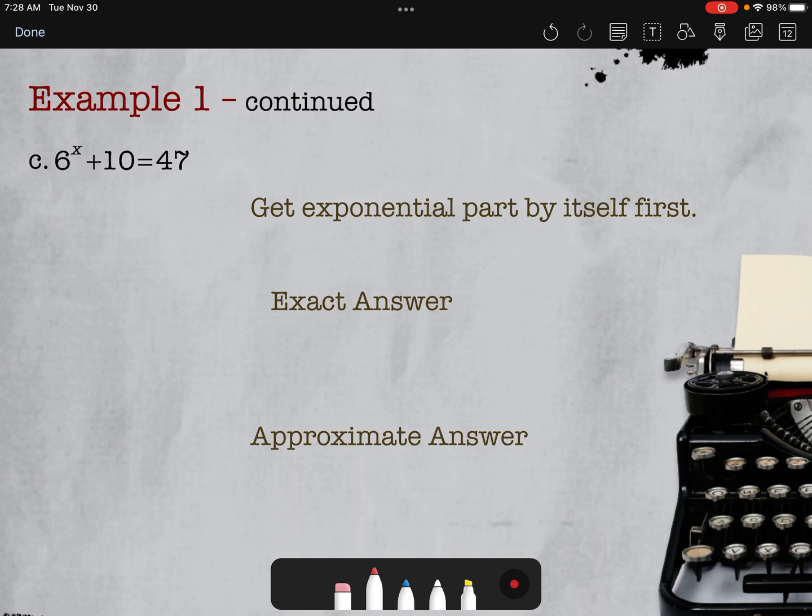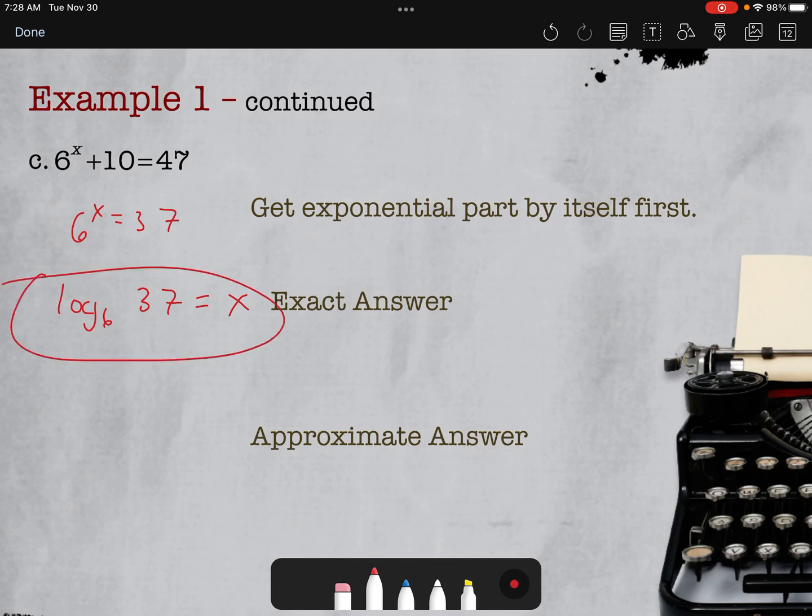Letter C. Same idea. Subtract 10. Now, here again, the x is in the exponent. So if I take log base 6 of 37 equals x, there's my exact answer. Log base 6 of 37. Now we want to find the approximate answer as well.